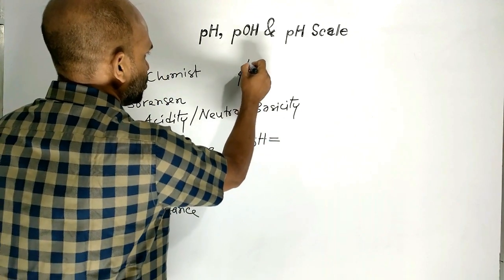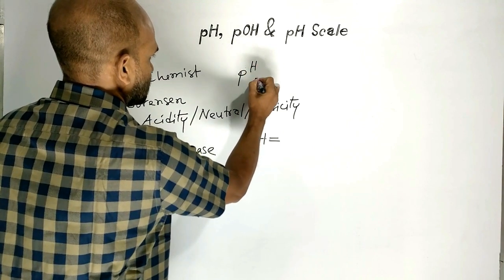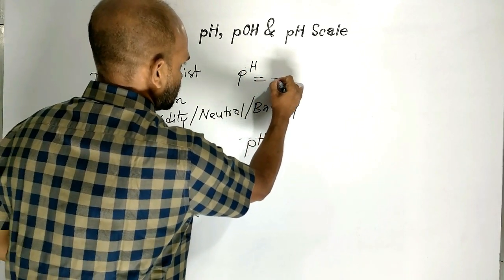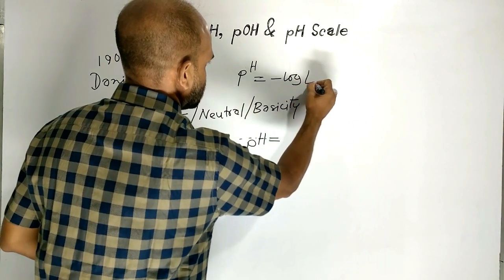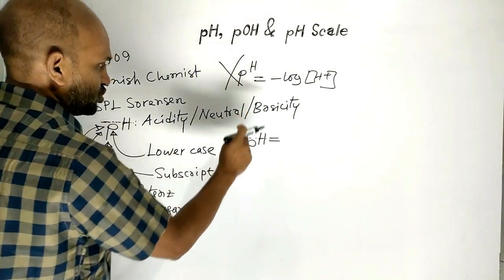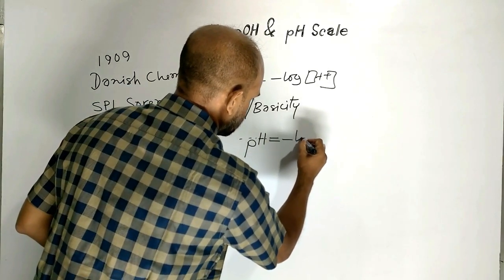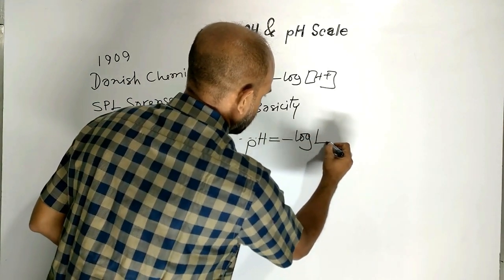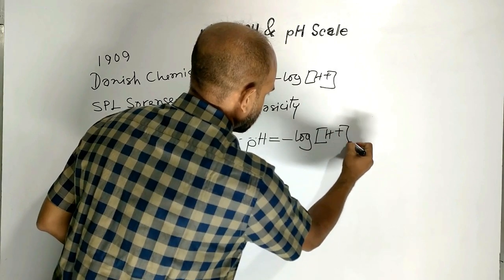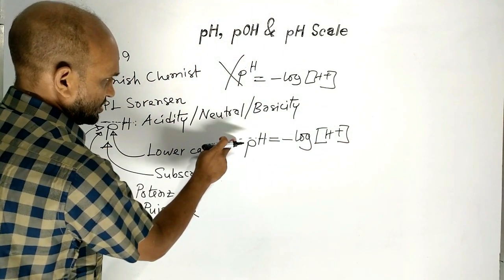Not that we will write in this way, not like this. Rather, we will write in this way: minus log of hydrogen ion concentration along the baseline.